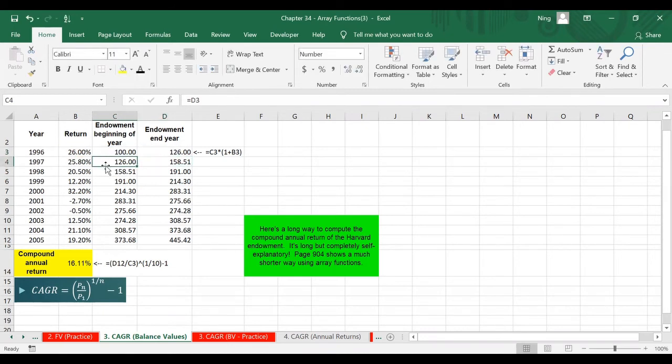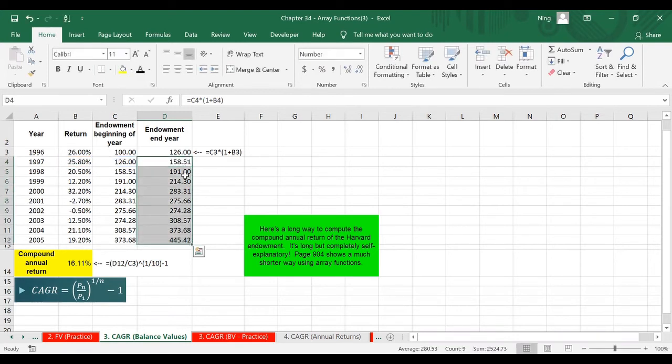The beginning balance of the second year is set equal to the end of year balance from the previous year. But because the yearly return in 1997 is 25.8%, by the end of the year they will have 126 times 1 plus 25.8% in their investment account, and so on and so forth.